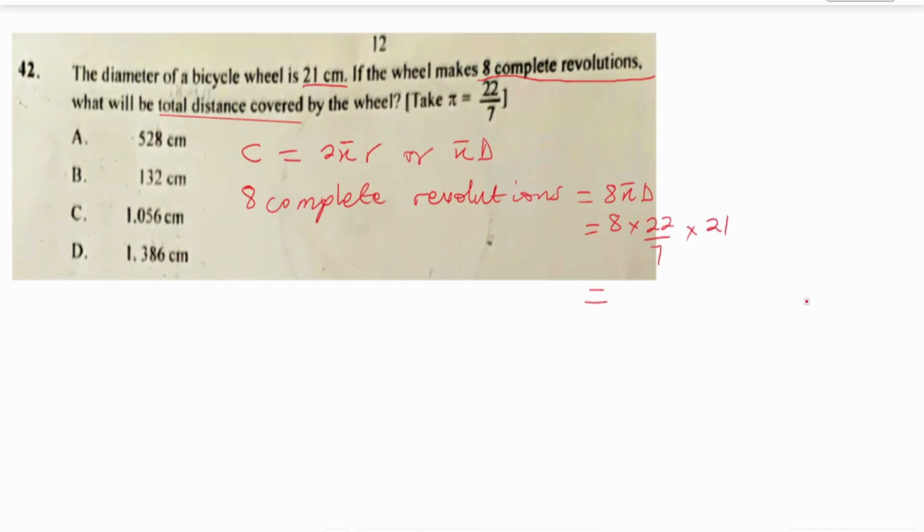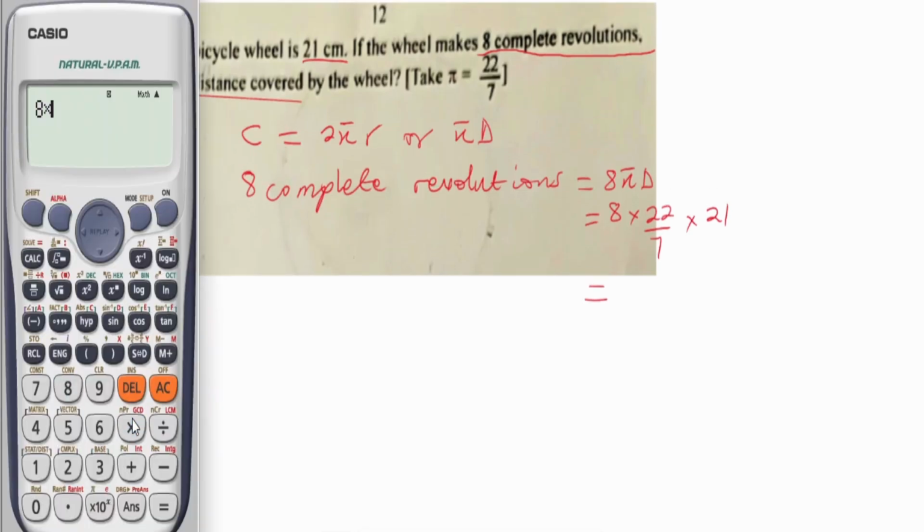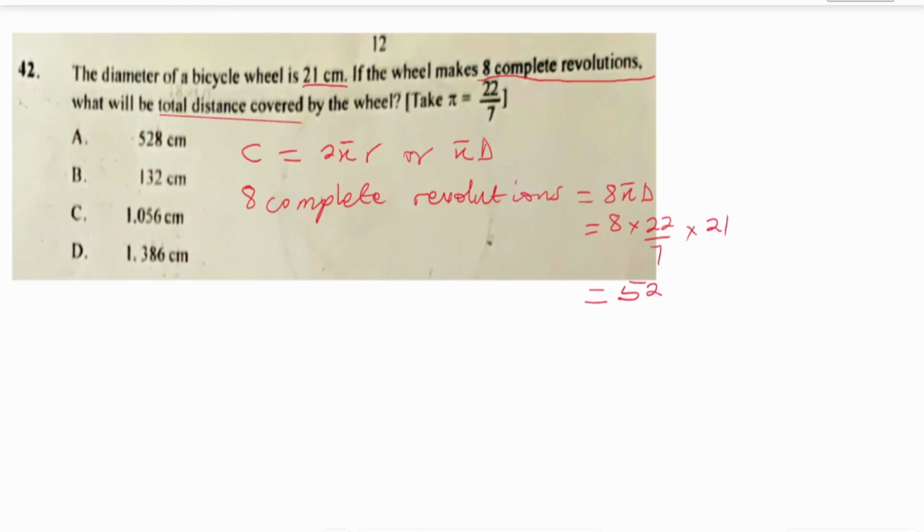And that will be equal to, we are just putting that into a calculator, 8 times 22/7 times 21, and that equals 528 centimeters. So our correct answer is 528 centimeters, A. That simply means that the total distance covered by the bicycle is 528 centimeters.